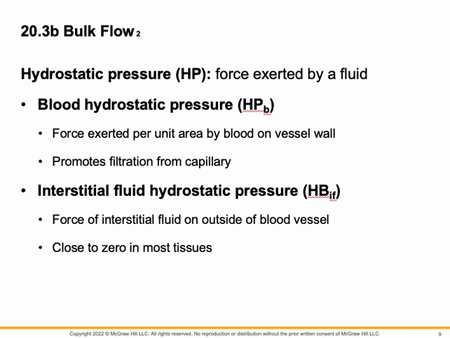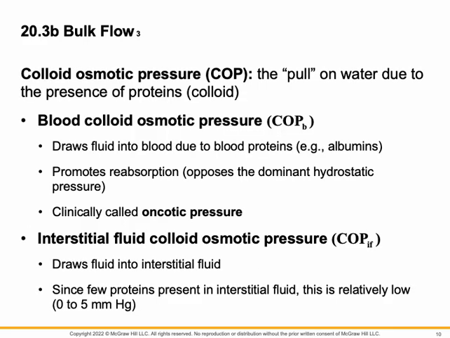And again, it's a result of the amount of fluid, the fluid itself putting pressure on the fluid around it and on the space, resulting in the movement of materials. And typically the blood hydrostatic pressure is going to be larger. The interstitial fluid hydrostatic pressure is going to be a little bit smaller.